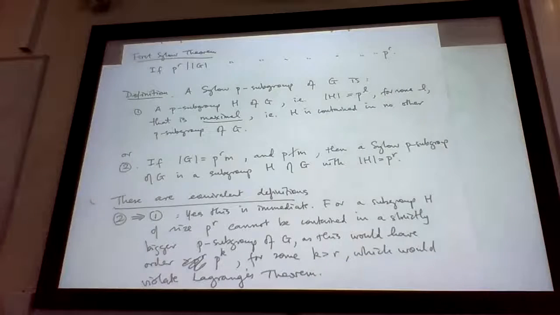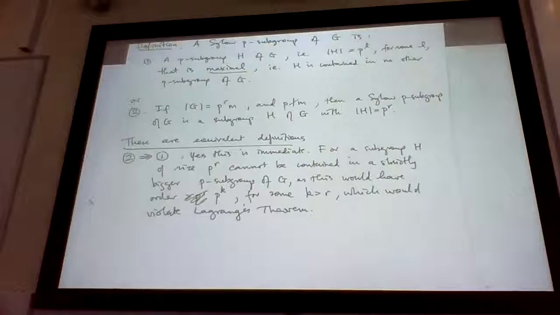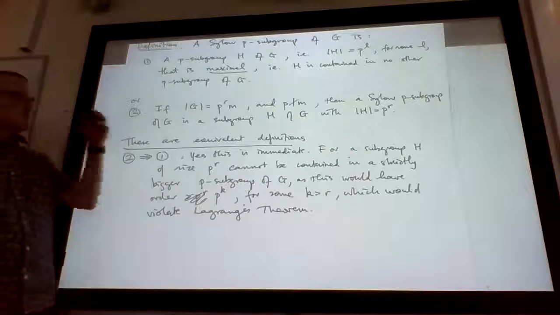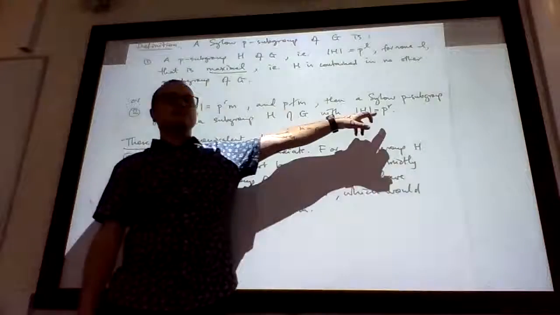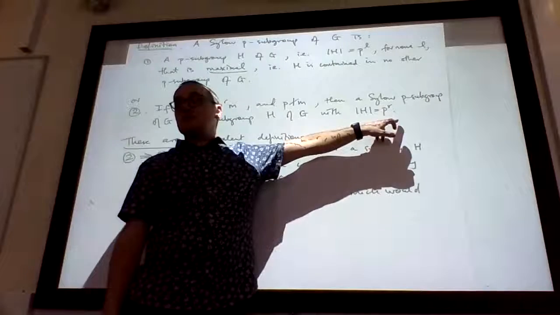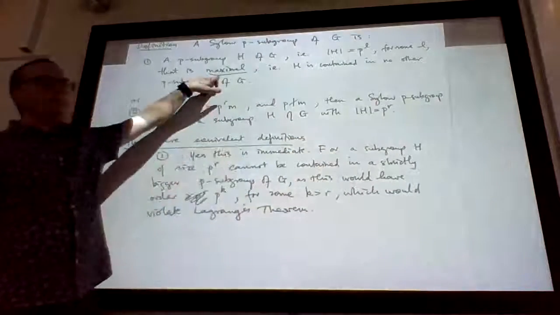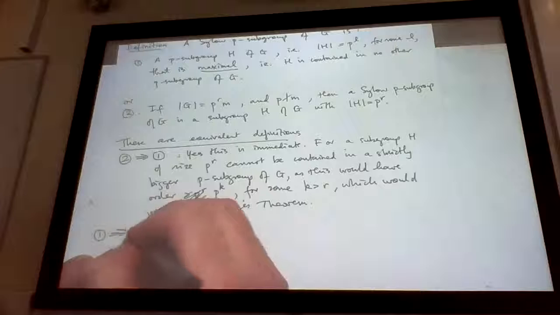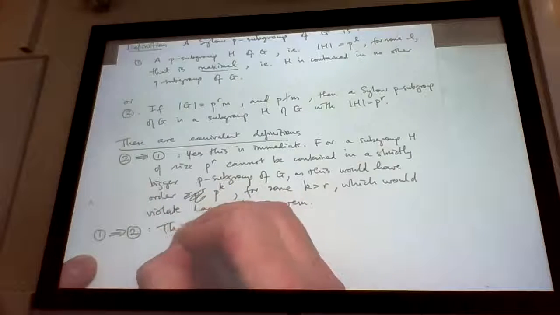Okay, so definition 2 implies definition 1. So subgroup H of G, which has this biggest possible size, because for a P subgroup, it is maximal. It's not contained in any other P subgroup. Okay. For 1 implies 2, this needs more work.